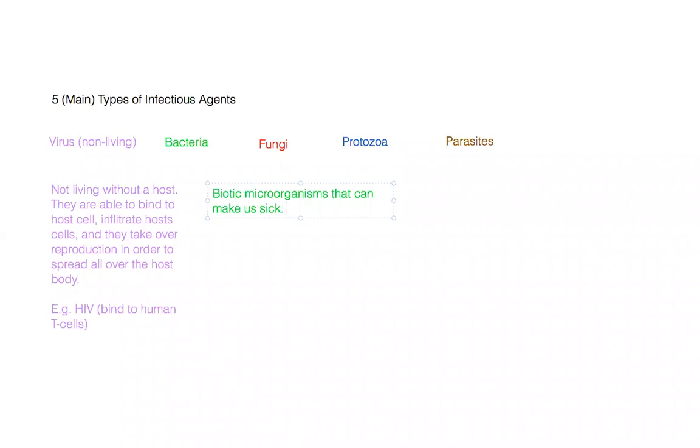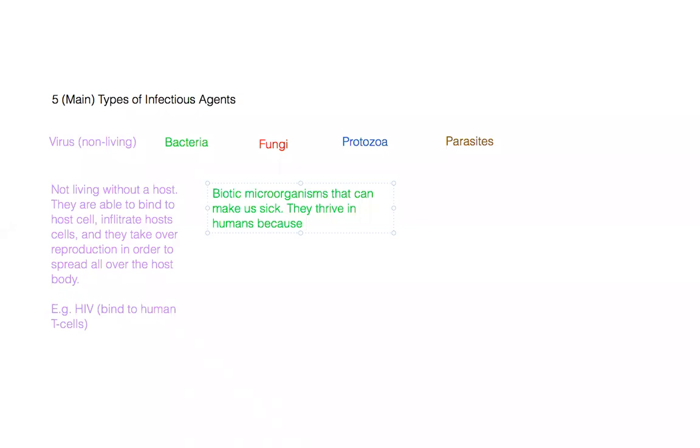They are alive even outside of humans, but they thrive in humans because the bacteria that make us sick thrive in us because we have lots of water, lots of nutrients, and things that are just good conditions for them.